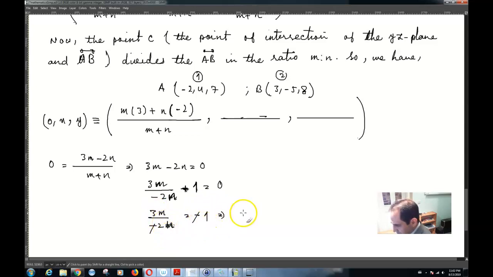So this means that 3 by 2 times m to n is equal to 1, which means that m to n is equal to 1 divided by 3 by 2, which is 2 to 3. That means that m to n is equal to 2 to 3. So the ratio is basically 2 to 3.